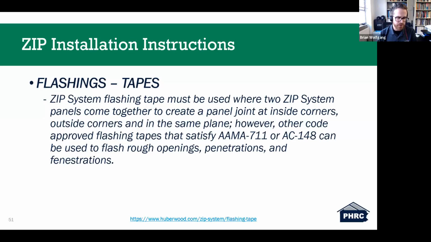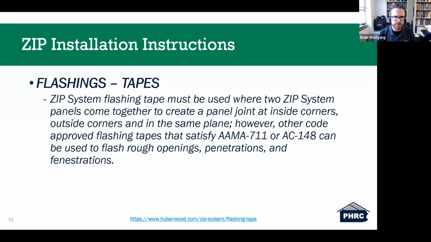What that means is AAMA 711 is a standard where your self-adhered flashing goes through a third-party process to have that flashing approved. There are tapes on the market that will say that they're AAMA 711 approved. And even if they're not made by Huber, in this specific example, it's acknowledging that you can use that tape if you have that AAMA 711 designation.